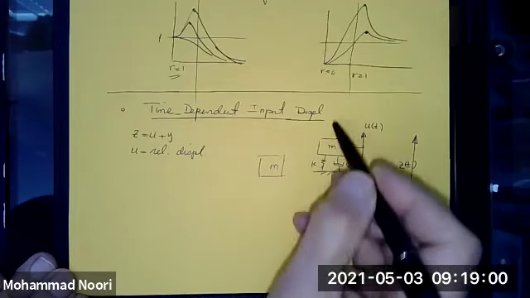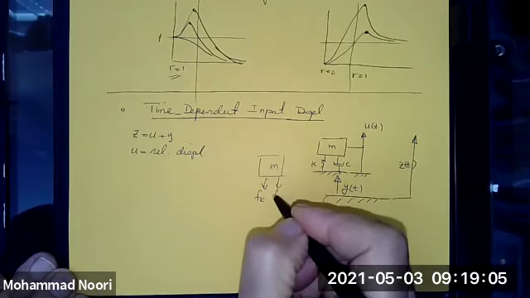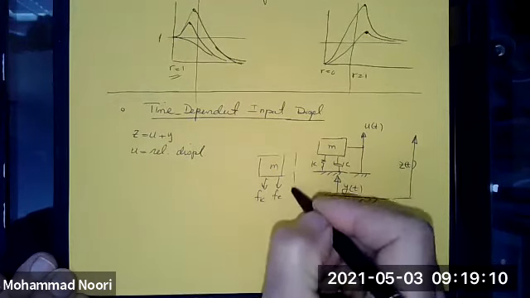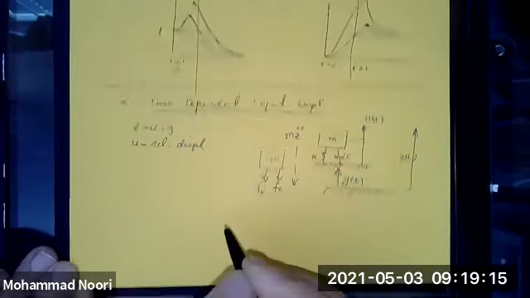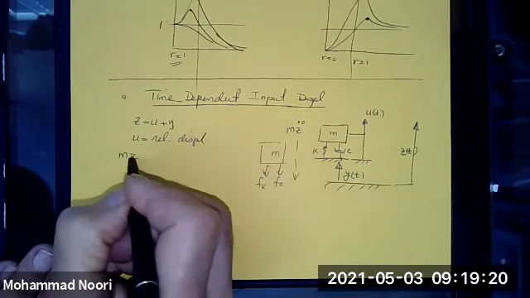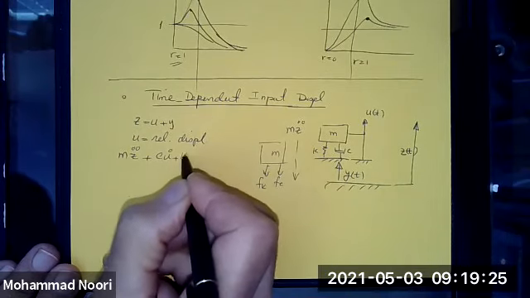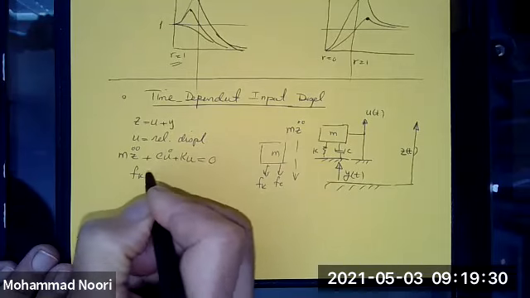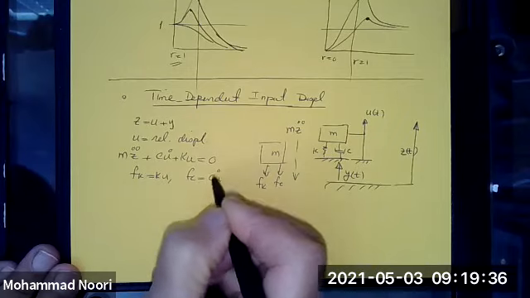If this is moving, the force is generated in the damper and the spring, and putting the inertia force in the opposite direction of motion, we derive the equation of motion to be: m z double dot plus c u dot plus k u is equal to 0, where f of k is, of course, k u, and f of c is c u dot.